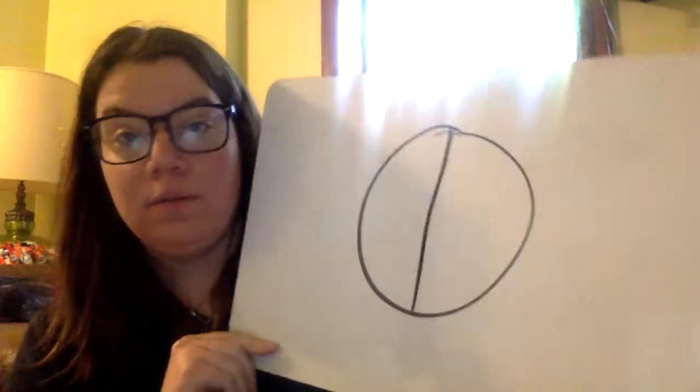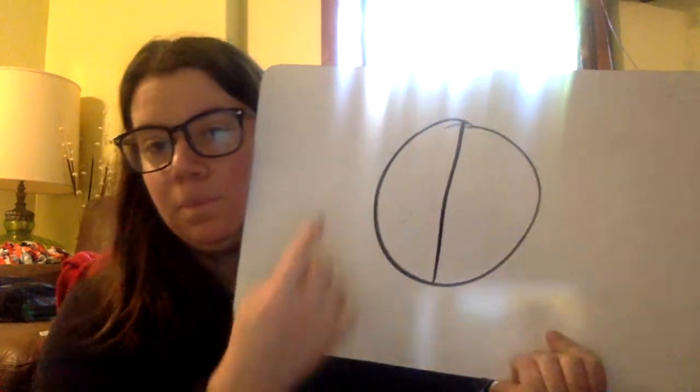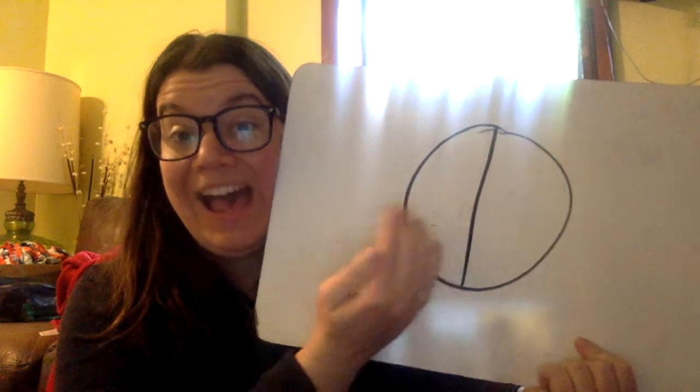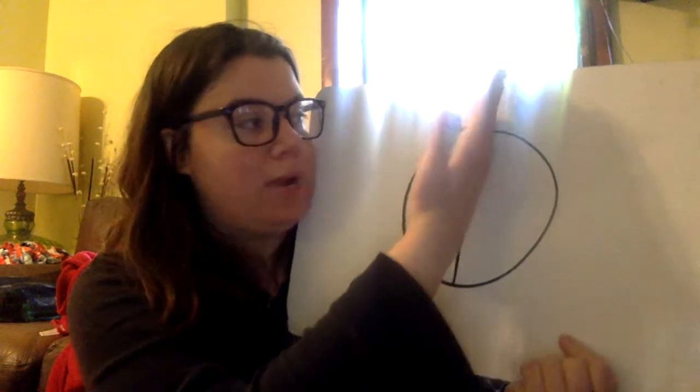But when we talk about half past, we look at our clock, and it's kind of like our fraction circle. We see our fraction circles in the classroom. This one is our half family. Our circle is cut into 2 equal pieces right down the middle, half.